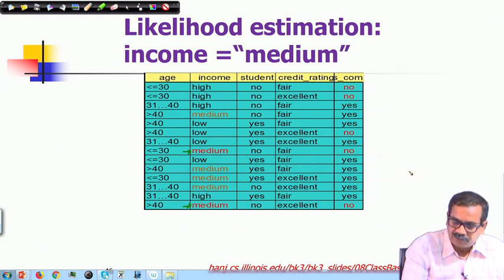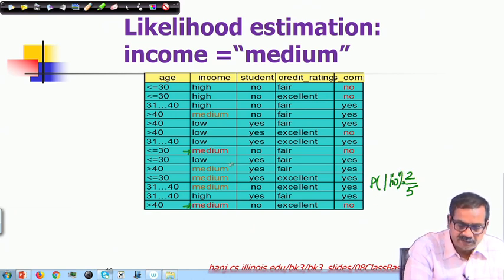So the likelihood probability should be 2 by 5, that is the probability of this attribute given the class no, in short if I write.